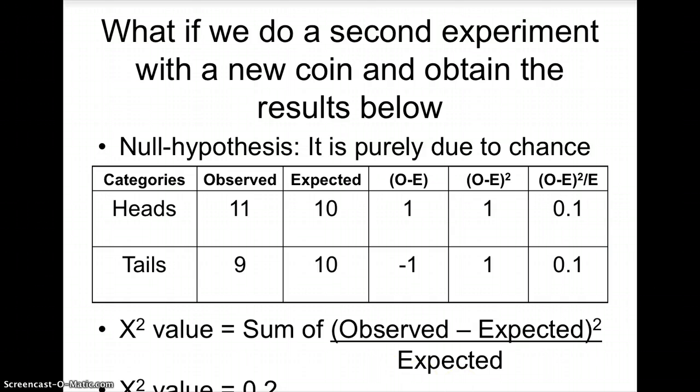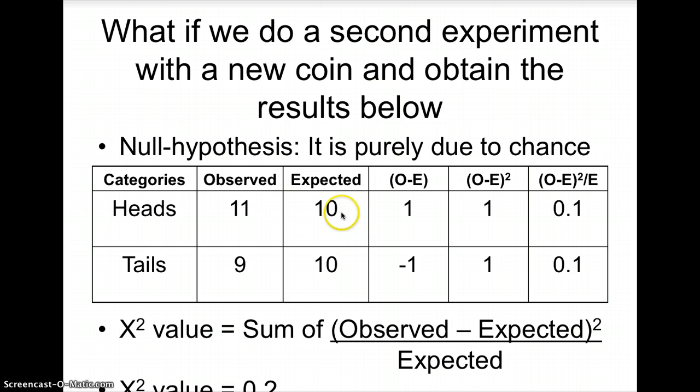Now, what if we do a second experiment with a new coin and we get the results that are listed here? Again, we're saying the null hypothesis is that it's purely due to chance, but this time you said, I'm going to use my own coin, not the one you provided. In this case, we observed 11 heads and 9 tails. We expected 10 and 10.